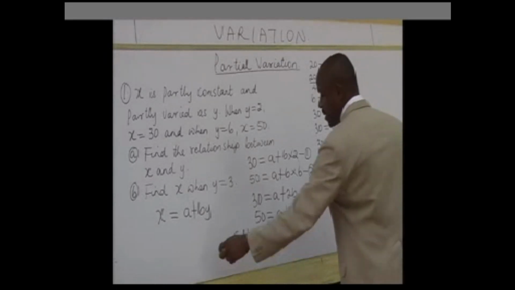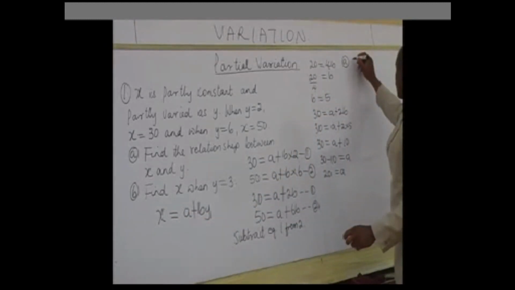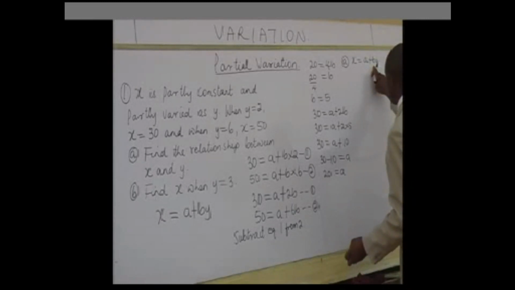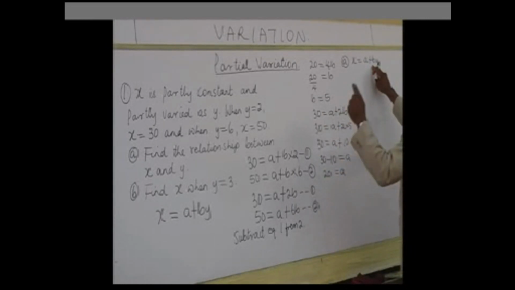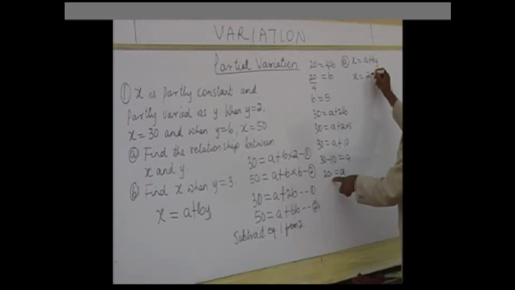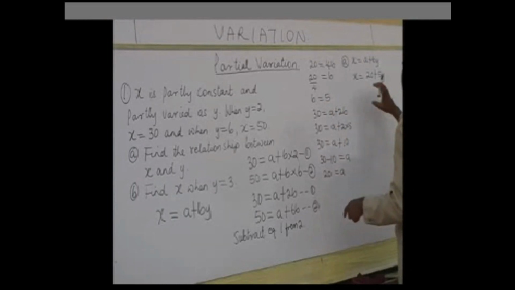Our equation is X is equal to A plus BY. And we have discovered the value of A and B. Just put in the value of A and B. That means our X now is going to be A is 20, 20 plus B is 5, 5Y. That is the relationship between X and Y.